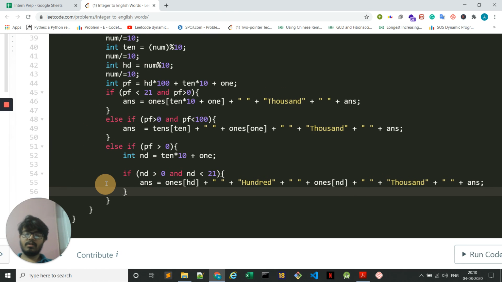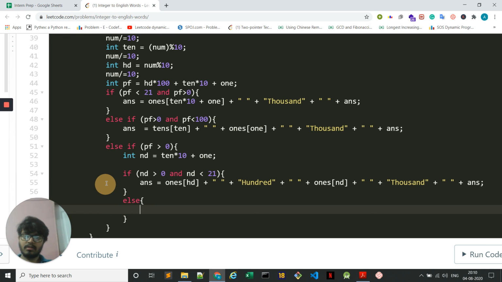Now the end is greater. What else do we need to make?